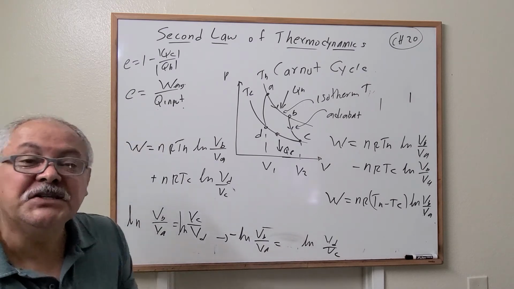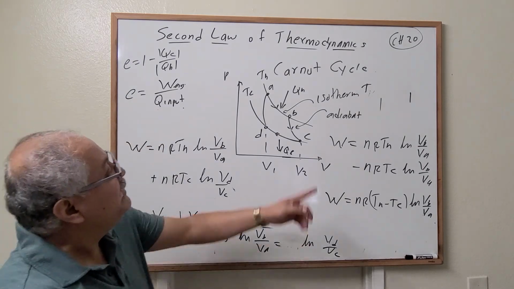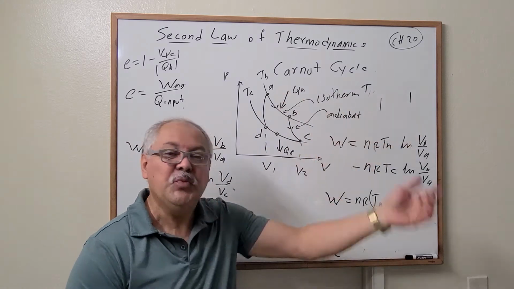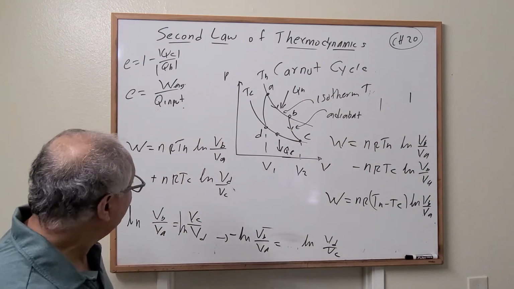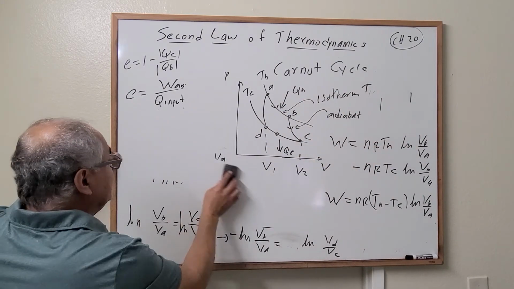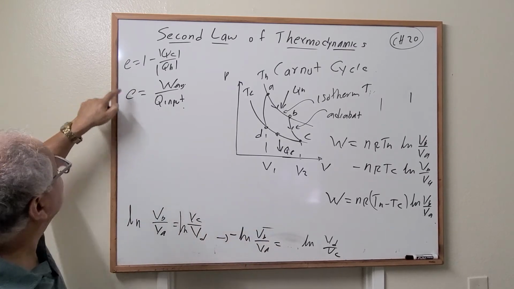Now let's find the efficiency. We call this the Carnot efficiency. How do we define efficiency again? Let's go back and apply the definition. It's right here.